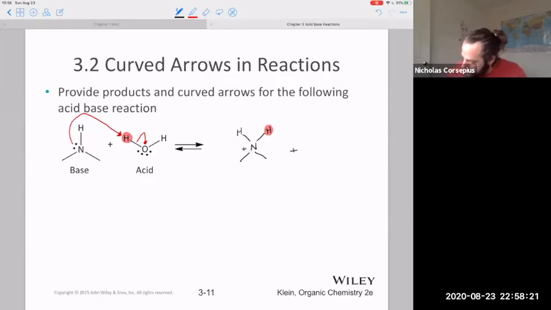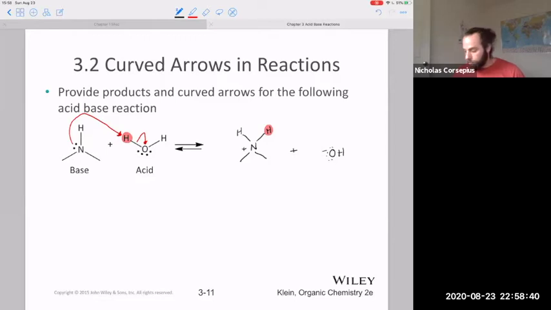Likewise, in this case here, if we're following this arrow, this is the bond breaking between hydrogen and oxygen. The oxygen is getting that pair of electrons that was formerly in that covalent bond. So in this case, becoming a hydroxide ion.